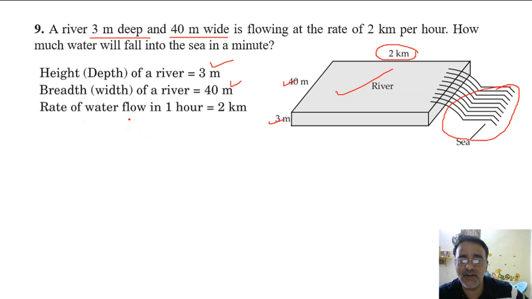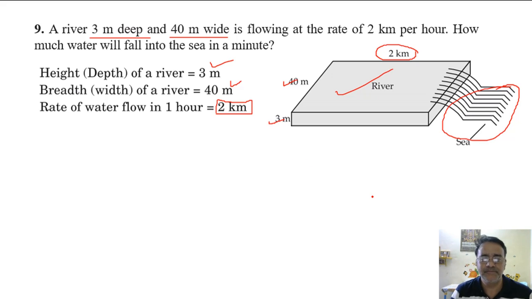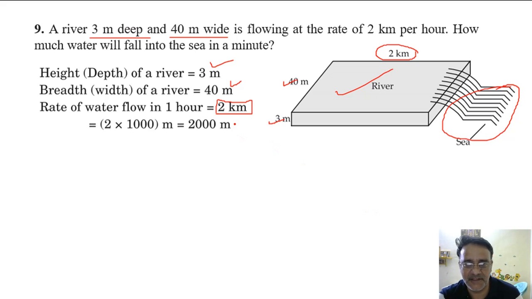Now see, the rate of water flow in 1 hour is given as 2 kilometer. How will you convert 2 kilometer into meter? By multiplying it by 1000. So how much are you getting? 2000 meter, right? So in 1 hour the rate of flow is 2000. What about in 1 minute?